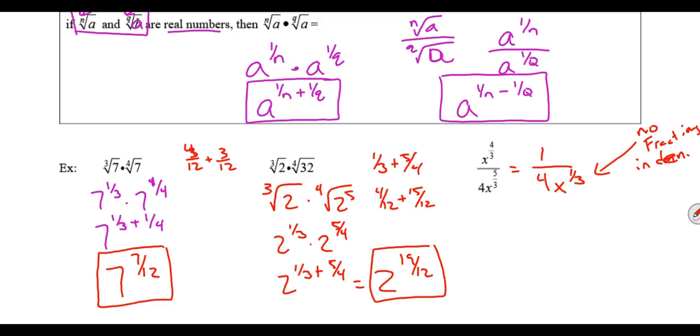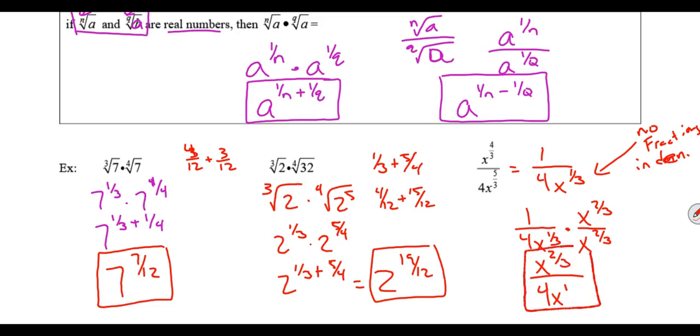So I need to get that up to the next whole number, which would be 3 over 3. So if this is my problem, I'm going to multiply by x to the 2/3 on top and bottom, because I'd add these exponents and I would get 4 times x to the first power over x to the 2/3. So I've just rationalized my denominator.